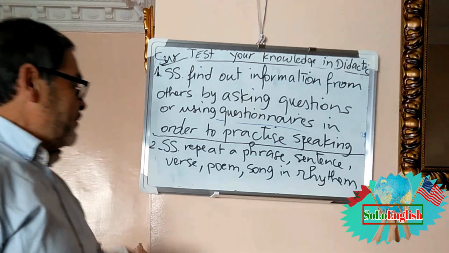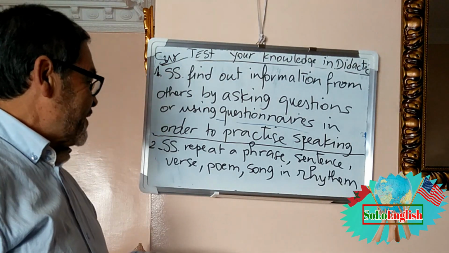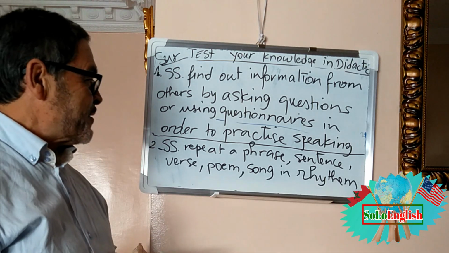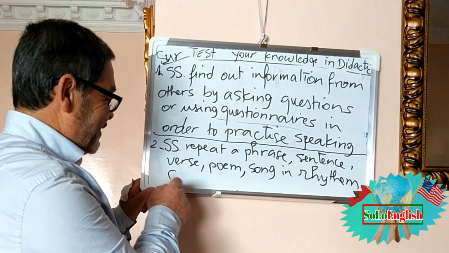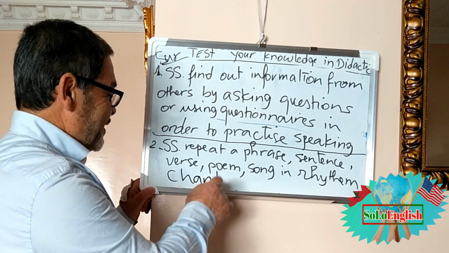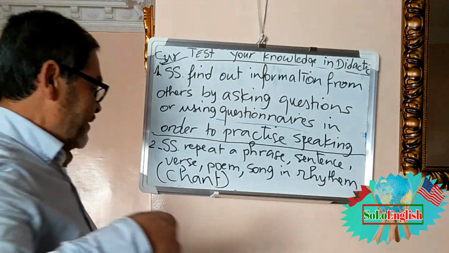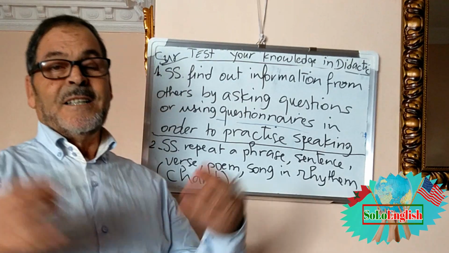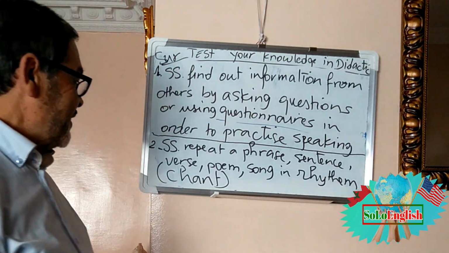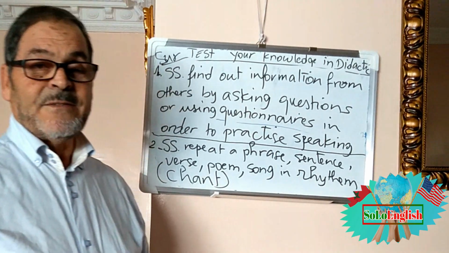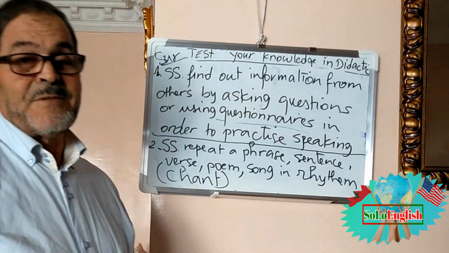And number two, students repeat a phrase, a sentence, verse, poem, song in a rhythm. This is chant. Chant means children or students repeating together a verse, maybe a poem or something. Okay, I have two now, and let's pass to numbers 3 and 4.